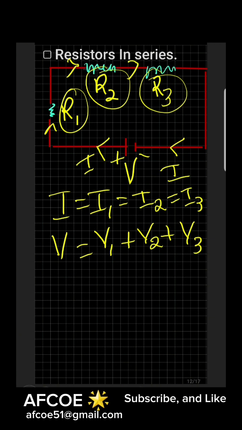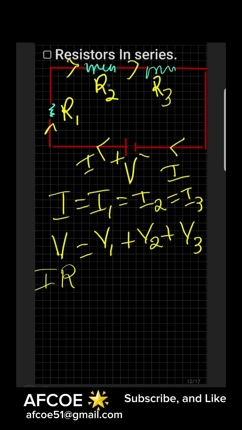And from there we can proceed and say that we know from Ohm's law that V equals I R. But now the V here will be I times the equivalent resistance, or a resistor that you will bring that will be the same as all of this. So I can call that R equivalent.